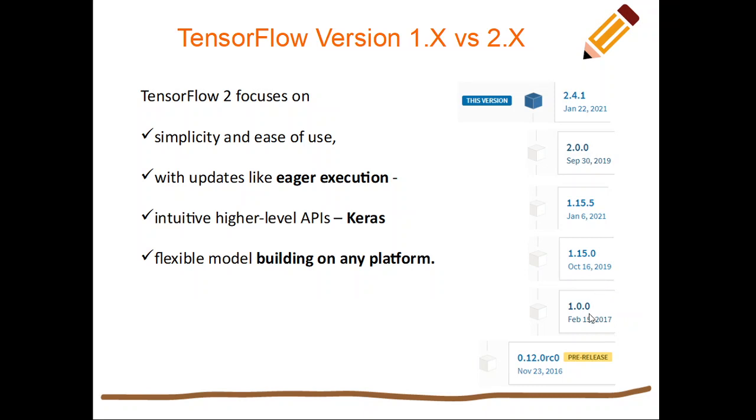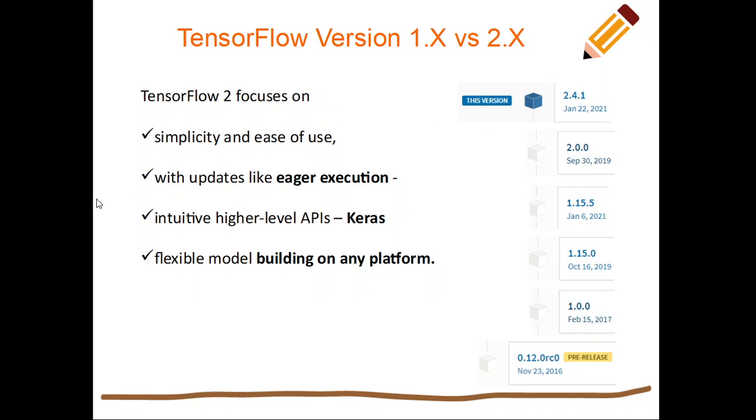Then they had various 1.x versions, and the final version of the 1.x series is 1.15.5, which was released on January 6, 2021. Version 2 of TensorFlow came in September 2019, and today we have version 2.4.1, which is the current latest, right?